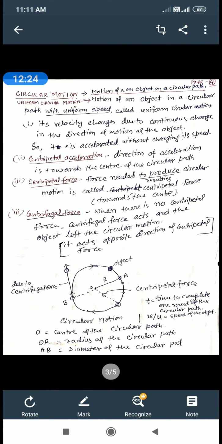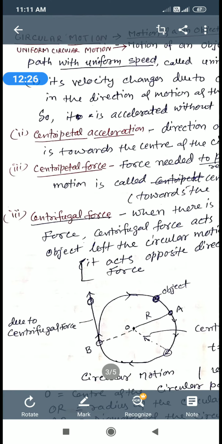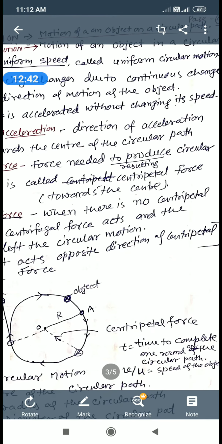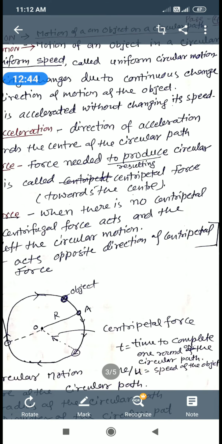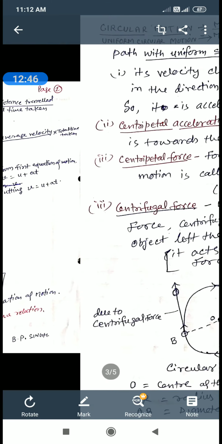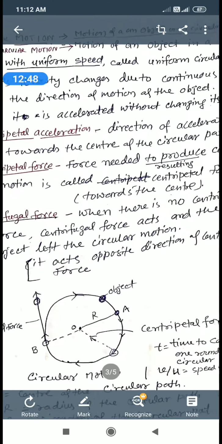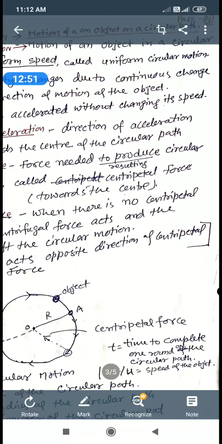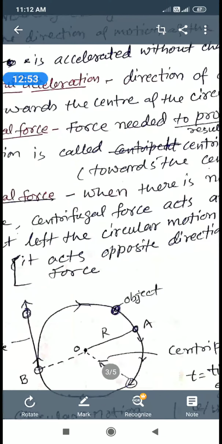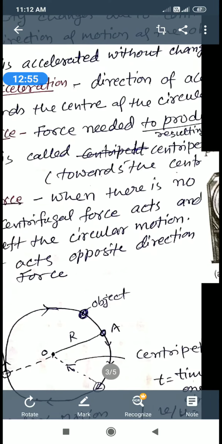The next term is centripetal force. We will discuss about the force in the next chapter. Here centripetal force means force needed to produce circular motion, directed towards the center.